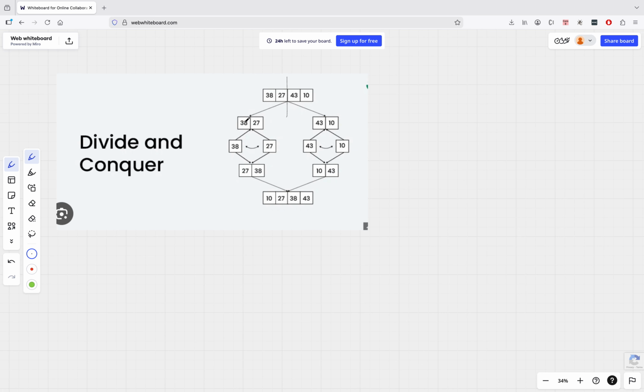Two pieces of the array, 38, 27, 43, and 10. Divide again, 38, 27. Divide this side as well, 43, 10. Now these little pieces are considered sorted, like an array of one element is considered sorted, because there's only one element.